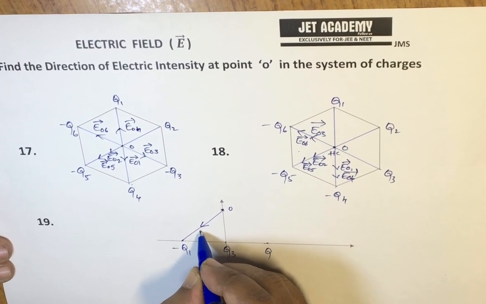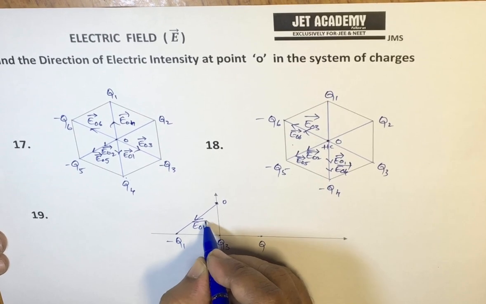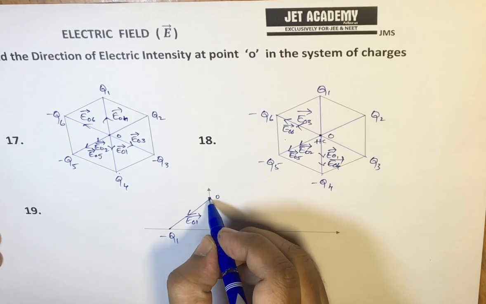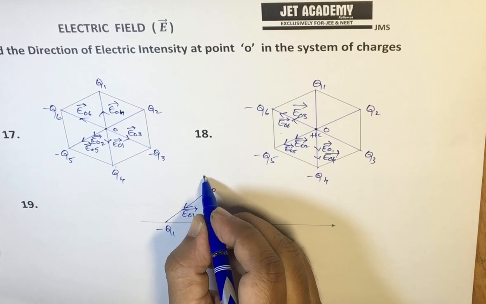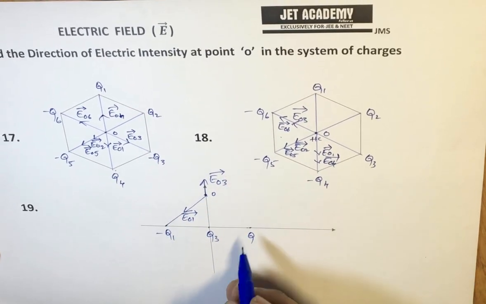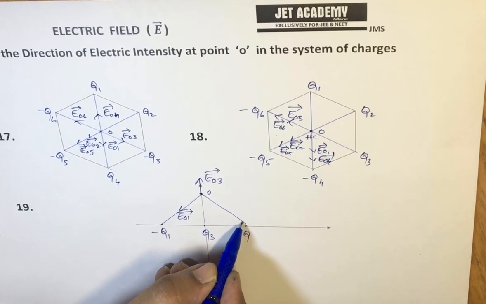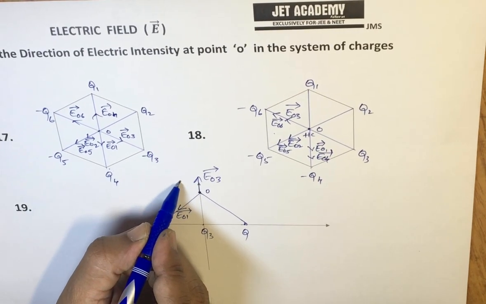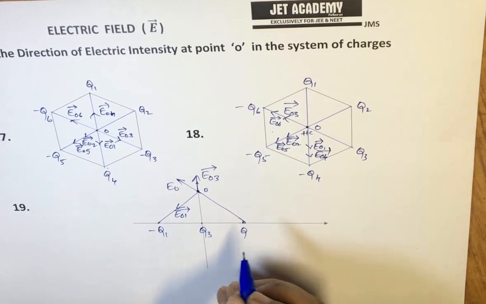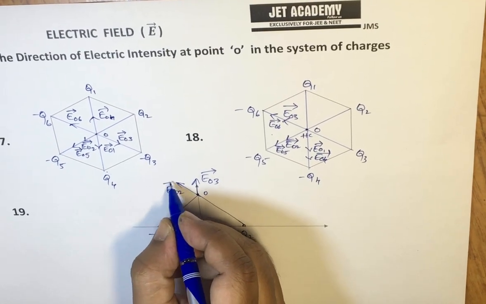The electric intensity at O due to charge at Q1 I represent like this, and due to Q3 it is going to be repulsive, acting along this direction, EO3. This is also repulsive because positive, along the line joining, and it is in this direction. This is EO, this is Q1, this is Q2, EO2.